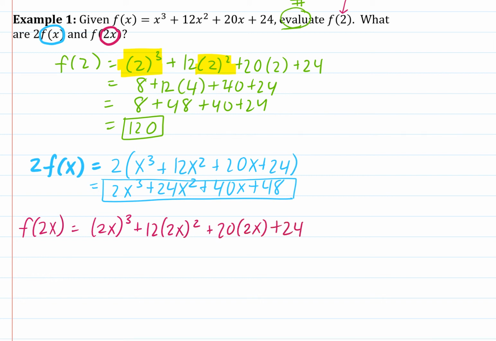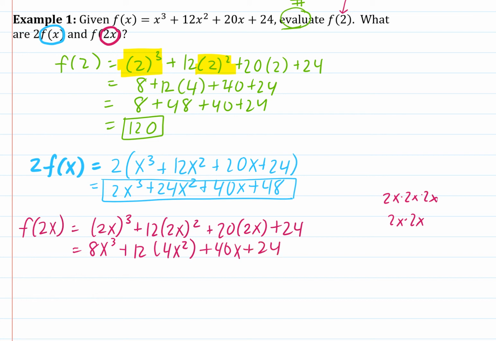There's nowhere to substitute into that term 24. Okay, so again, using order of operations, I have 8x cubed. This time I had to multiply 2x by 2x by 2x to cube that term, plus 12 times 4x squared. When you multiply 2x by 2x, to square the 2x term, you get 4x squared, plus 40x plus 24.